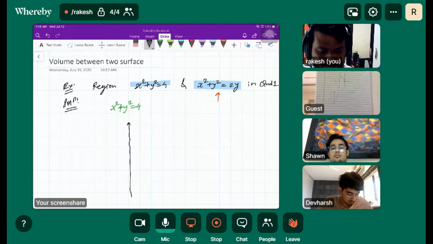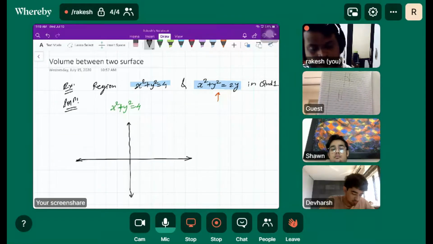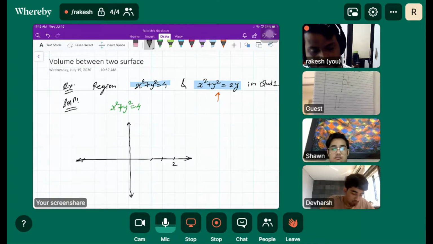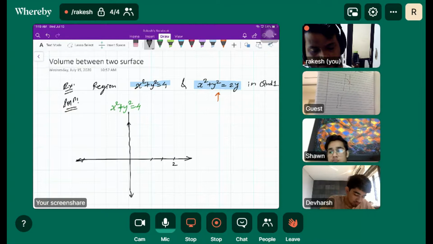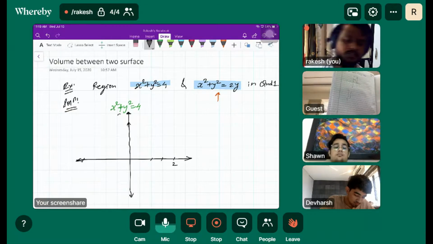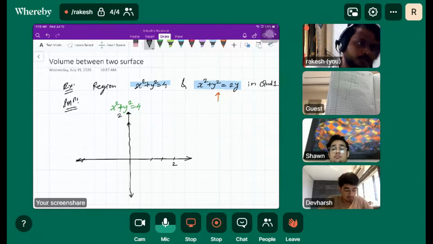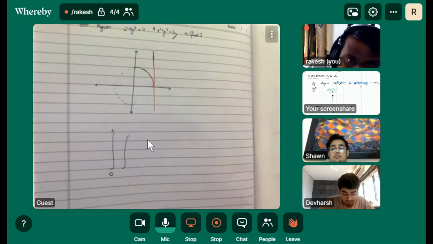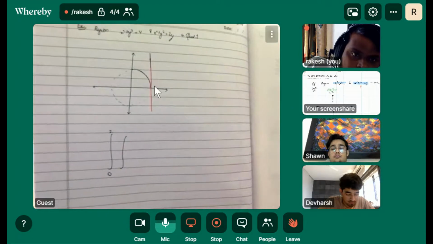The cylinder. So the radius is 2. Let's say this is the radius. This is 2, 0. We want everything in quadrant 1. What is showing up? That circle, part of the circle.